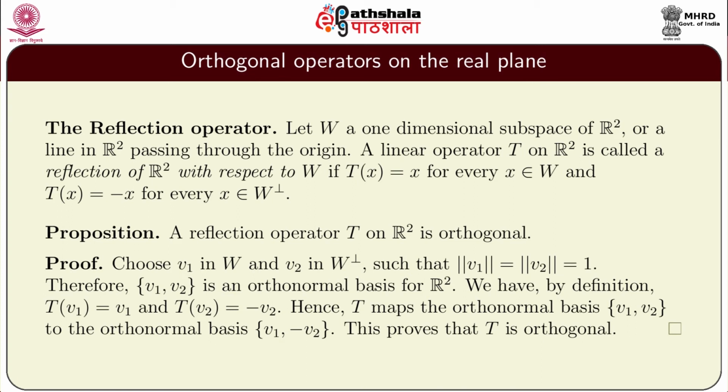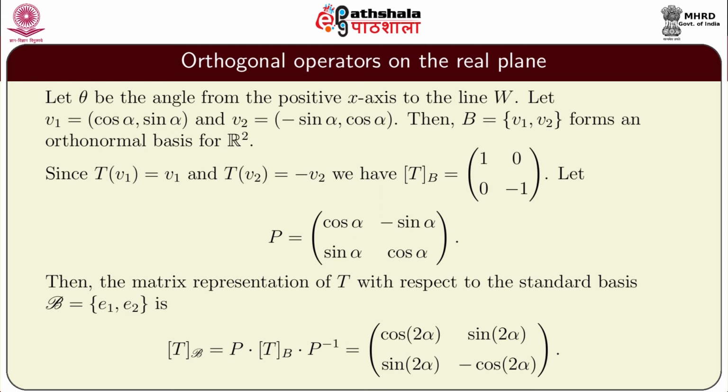That is because they are orthogonal with norm 1. Then we have by definition T of V1 is equal to V1 and T of V2 is equal to minus V2. Hence, T maps the orthonormal basis V1, V2 to the orthonormal basis V1, minus V2. Therefore, T is orthogonal.